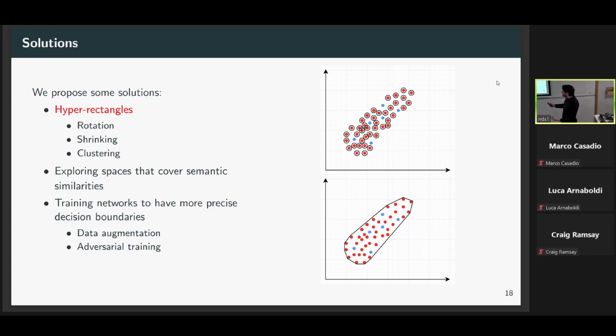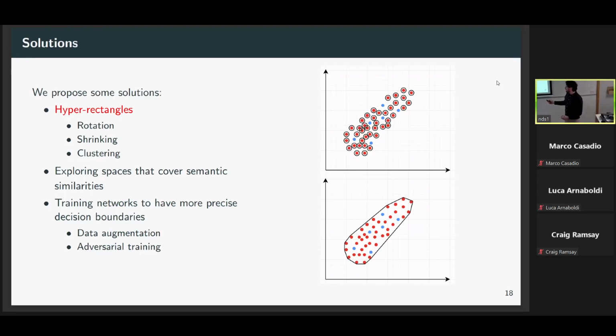Ideally, the best outcome would be I enclose all my input of such class, and I can verify that in such subspace, my network will always output the correct class.